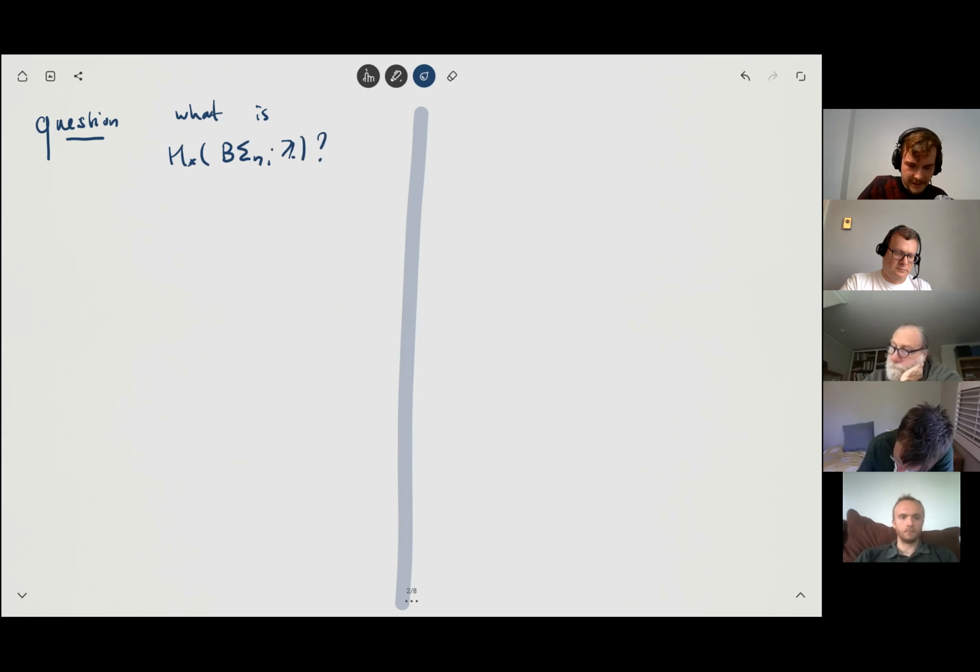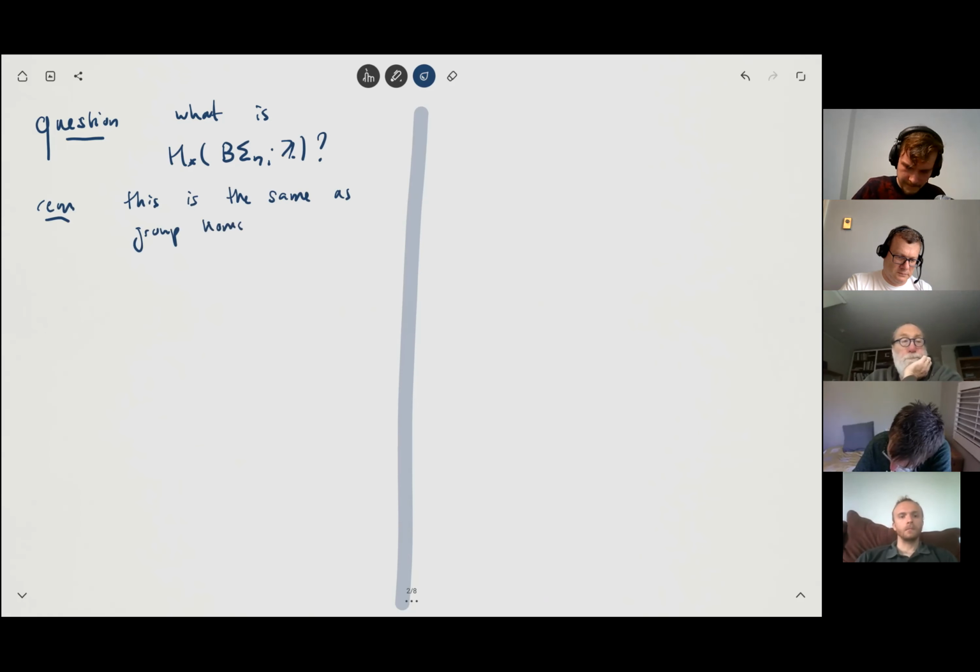Maybe as a remark, this is the same as asking for the group homology with coefficients in Z, if that's something you're more familiar with.